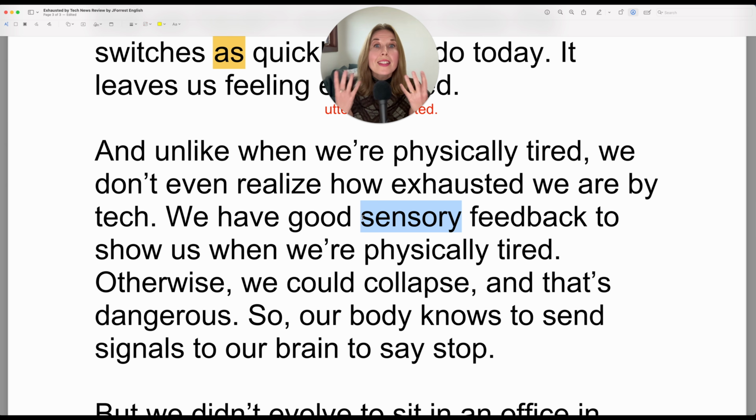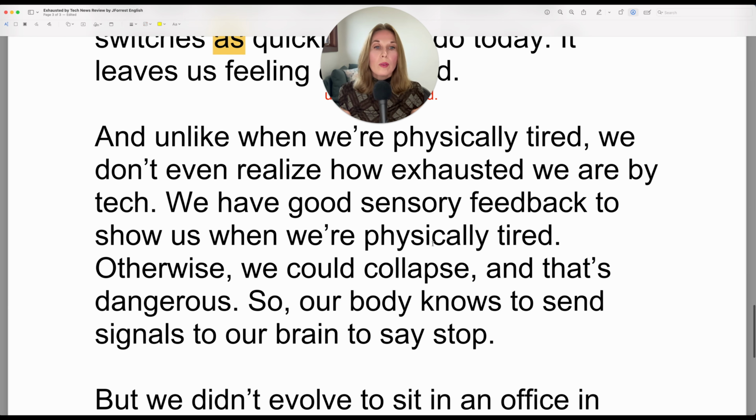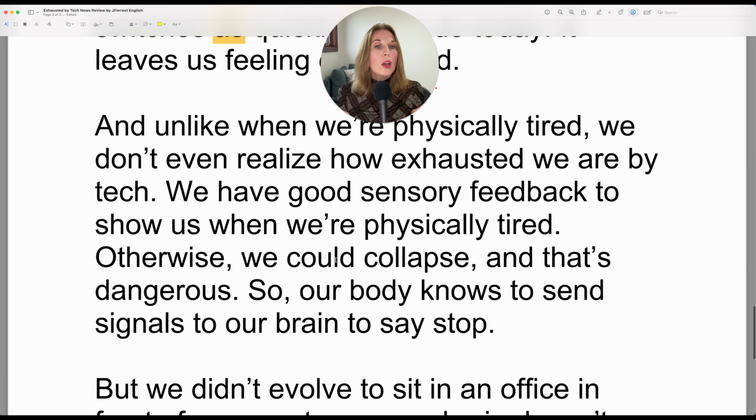So those are my senses, my sense of sight, taste, smell, etc. So sensory feedback to show us when we're physically tired. Otherwise, we could collapse. So collapse is when you suddenly fall to the ground, which can happen when you're extremely tired. But thankfully, because of the sensory feedback, you may stop before that point, is what they're saying.